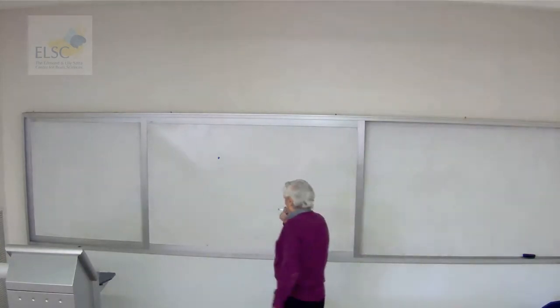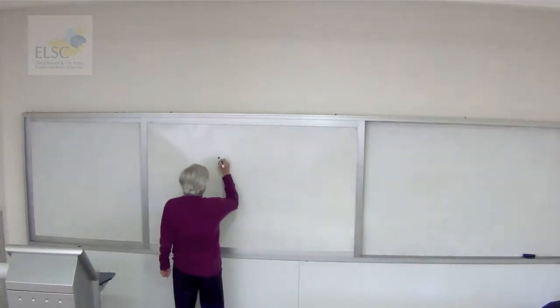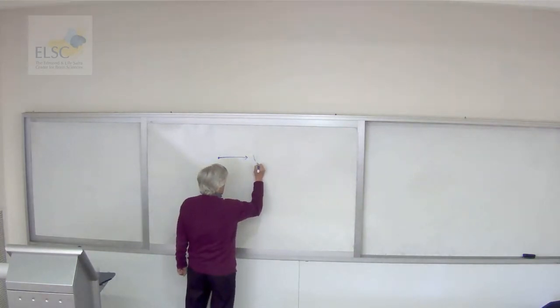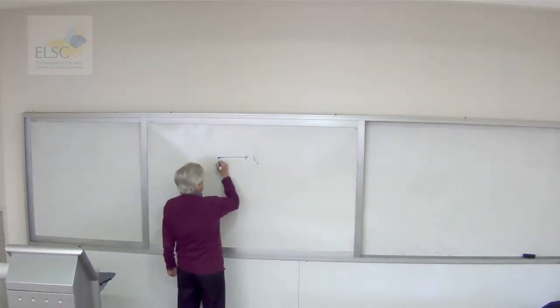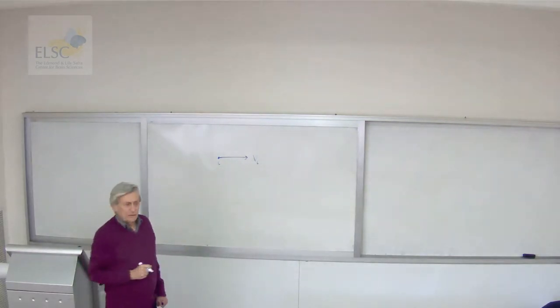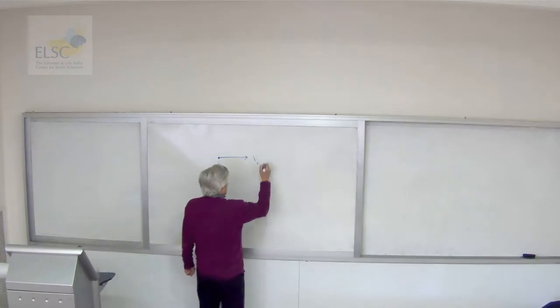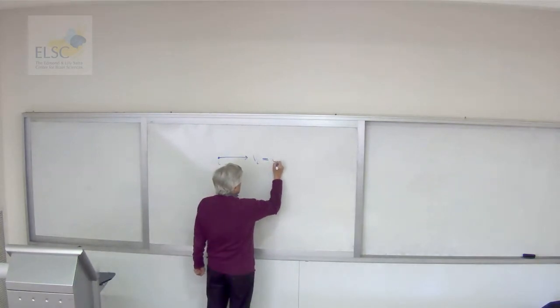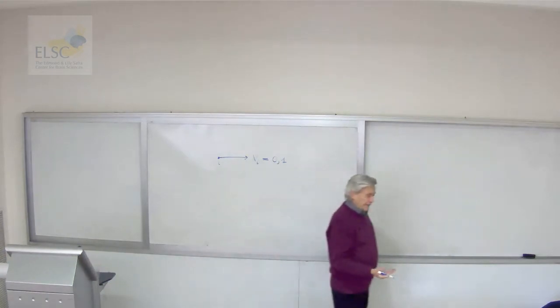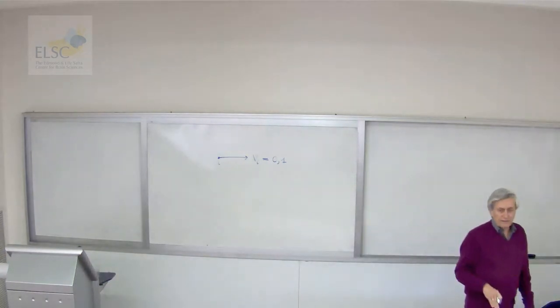That neuron has an output which we denote by V_i. The name of the neuron is i, and that output may be either 0 or 1. Neuron may be either active or not active.